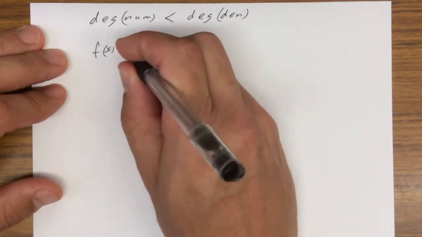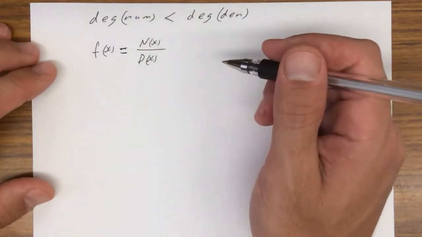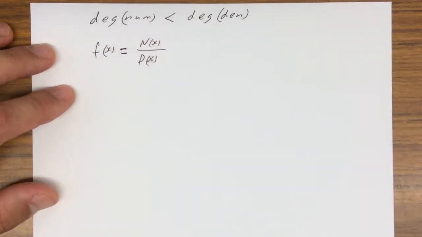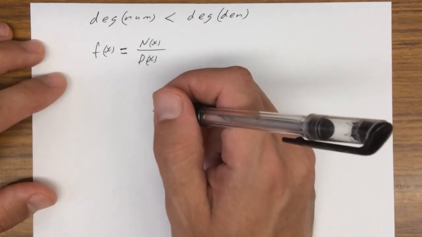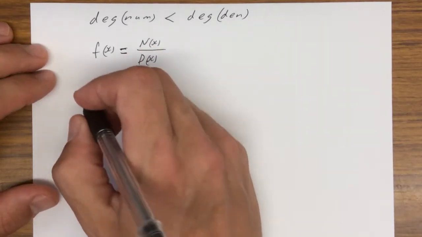Okay, so let's take a look at an example here to see what happens to the end behavior. The end behavior is when x goes to infinity, so really far out to the right, or when x goes to negative infinity, really far out to the left. So let's put up a quick, easy example here, and I'll show you a trick.